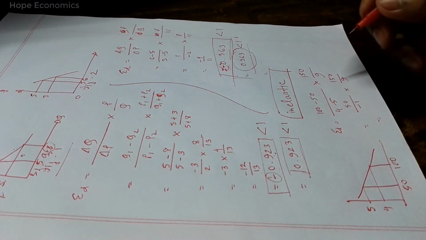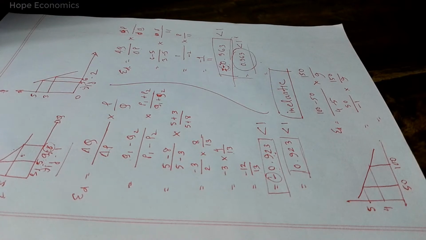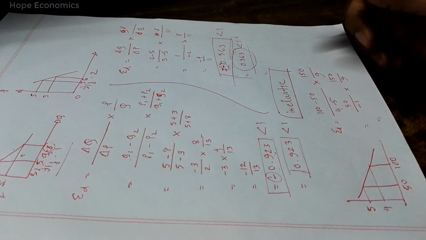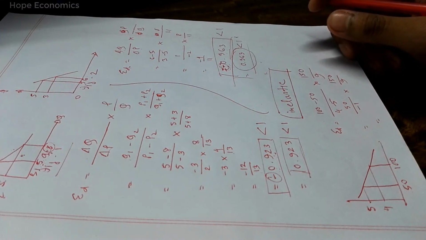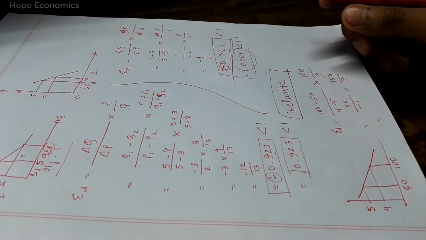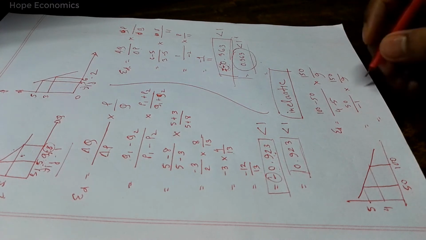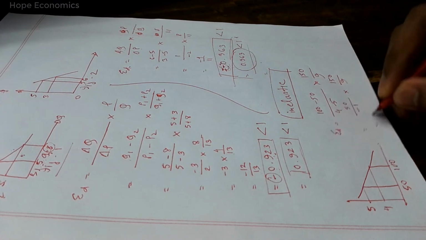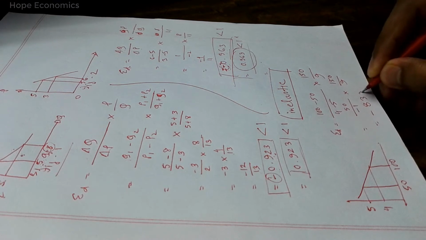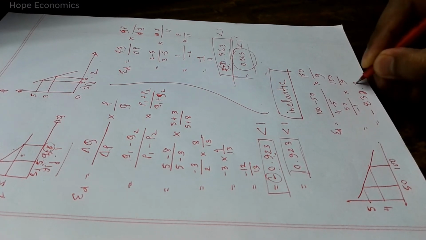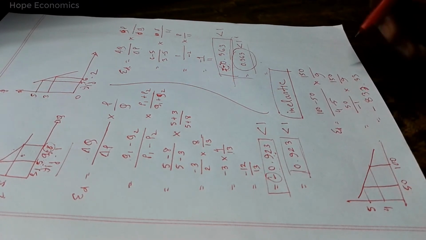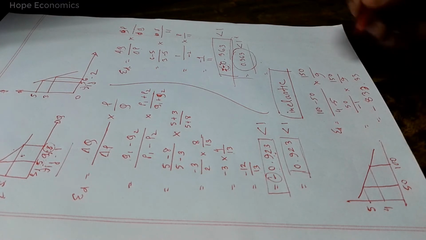So what is it? Let's see. 50 into 250 divided by... okay, the result is minus 833.33. As we can see, the value is much greater than 1 in absolute terms.